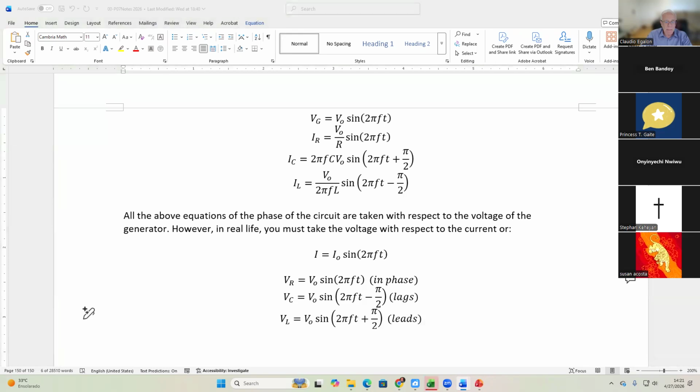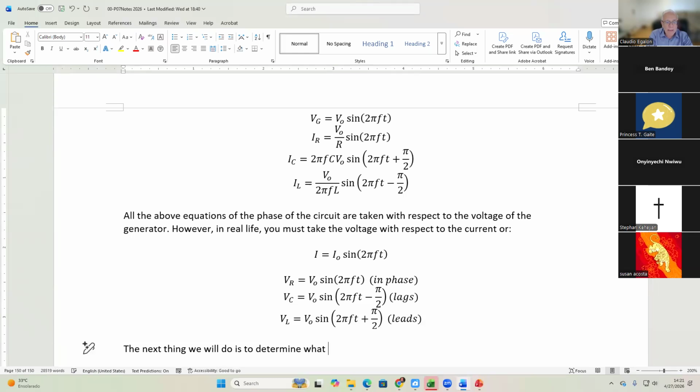The next thing we will do is to determine what happens when we put all these three elements together in a single circuit.